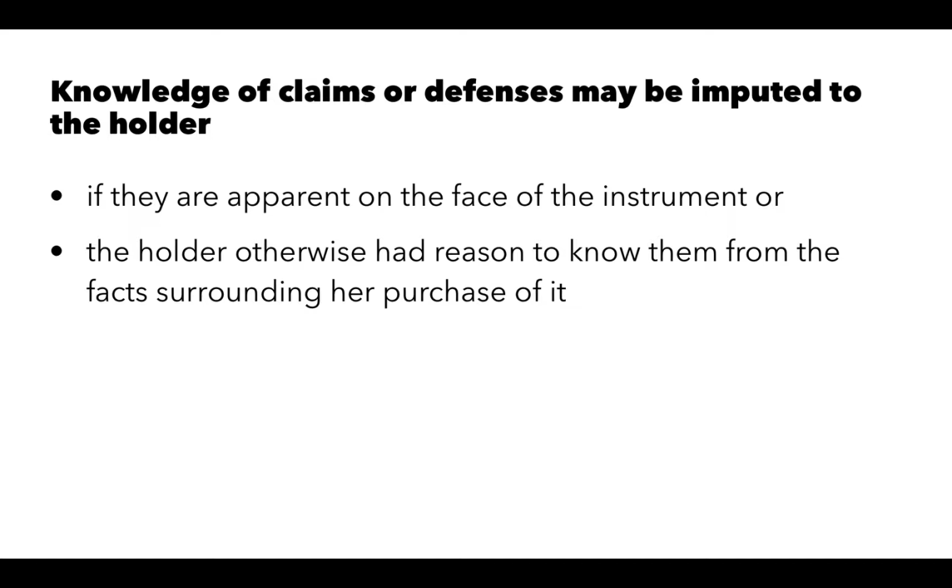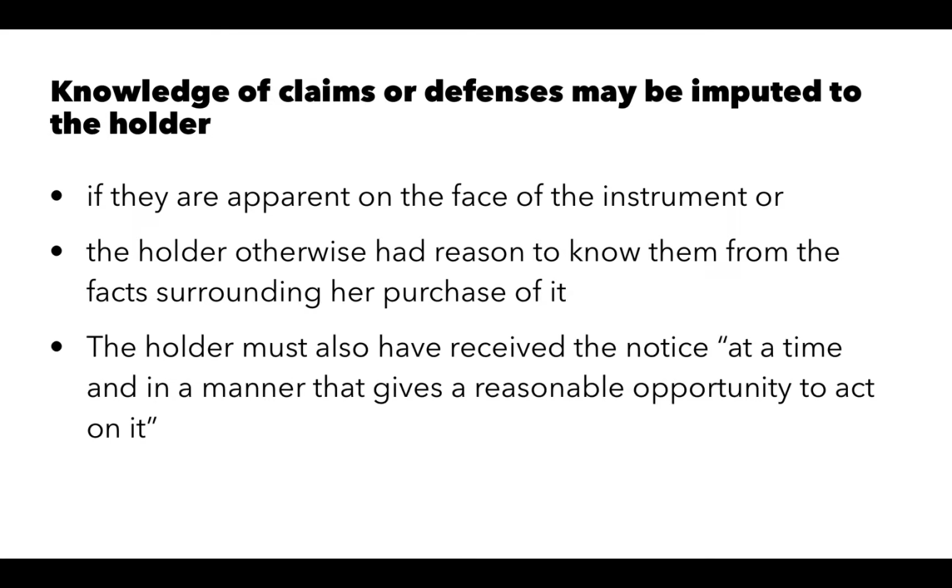So on your test, just look to see whether there was some claim or defense that the holder reasonably should have been aware of or was actually aware of. The holder must also have received the notice at a time and in a manner that gives a reasonable opportunity to act on it. So there is some limitation there.